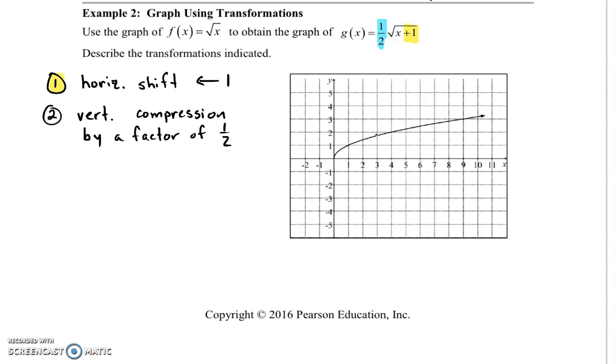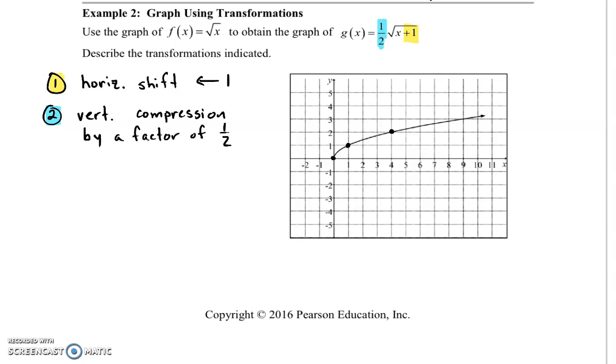So our normal points on the square root are (0, 0), (1, 1), and (4, 2). We'll just stick with those. They make life easier for us. So let's follow the transformations here.